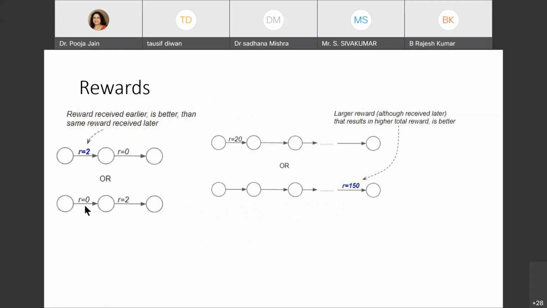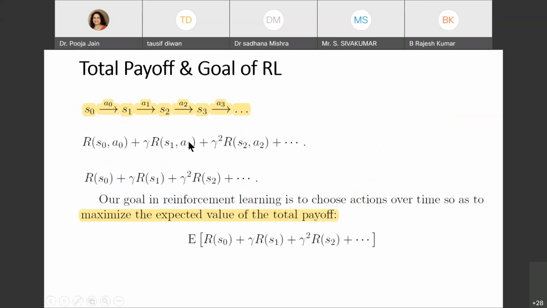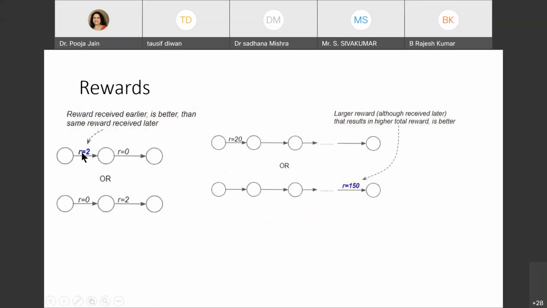Here, reward is not generated on the first action, but reward is generated at the second stage. Which one is better? The reward received earlier is better. Why? Because just look at this formula. Suppose consider that gamma is equal to 0.8. So the expected value is this. Previously, this is the expected value.